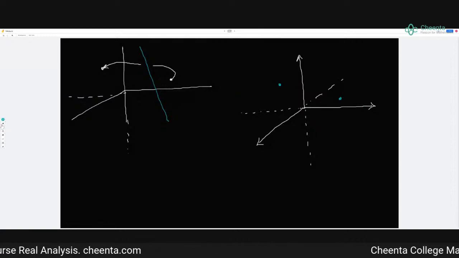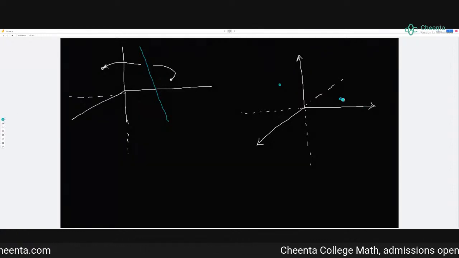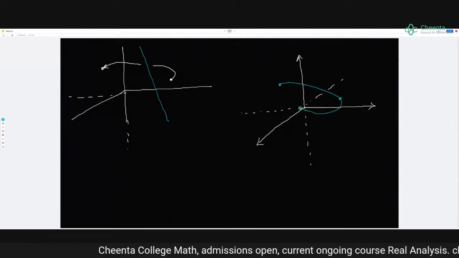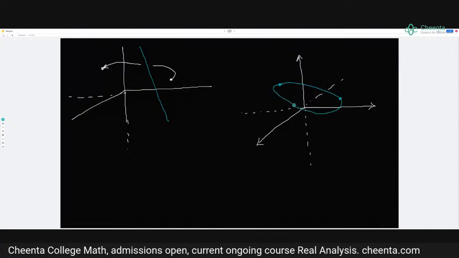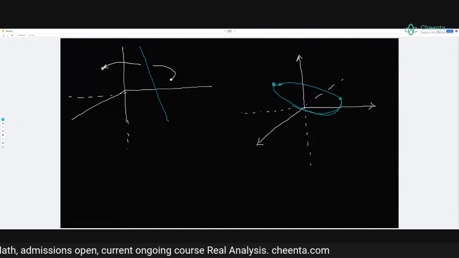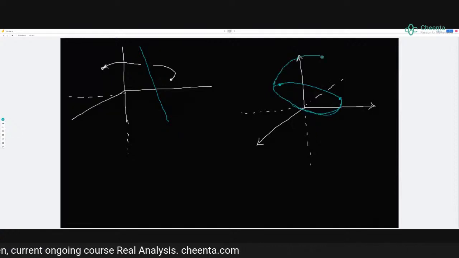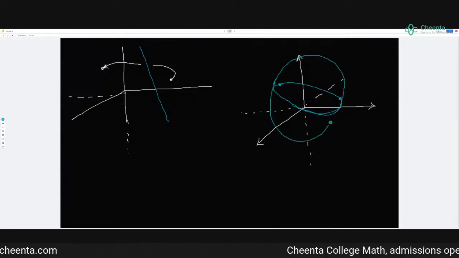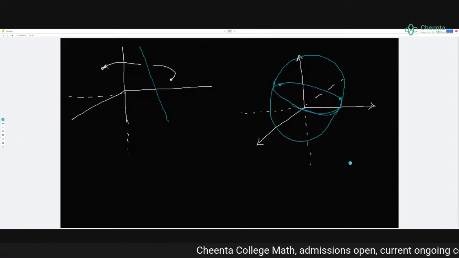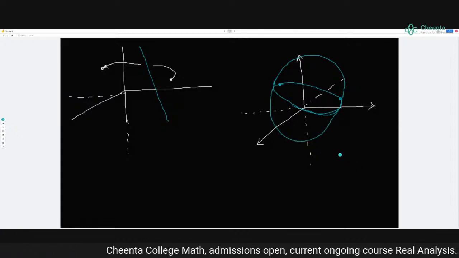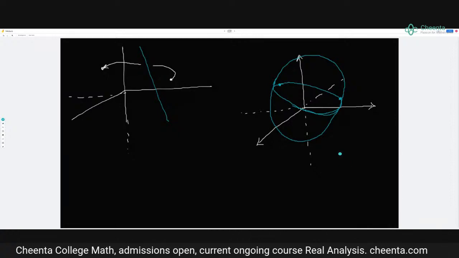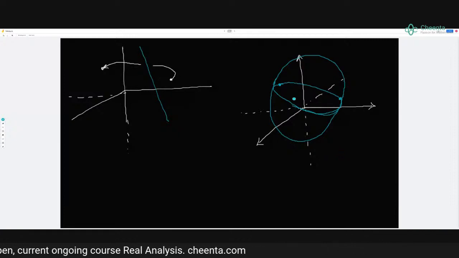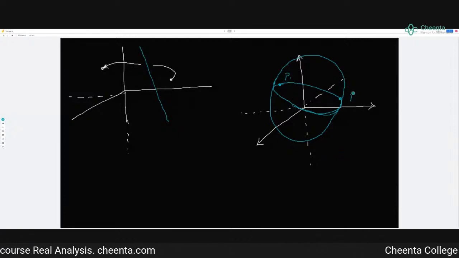You can form a great circle that contains your P1 and P2, and from there you can generate your sphere. So the moral of the story is, given any 2 points, you can always construct a sphere that contains P1 and P2 on its surface.